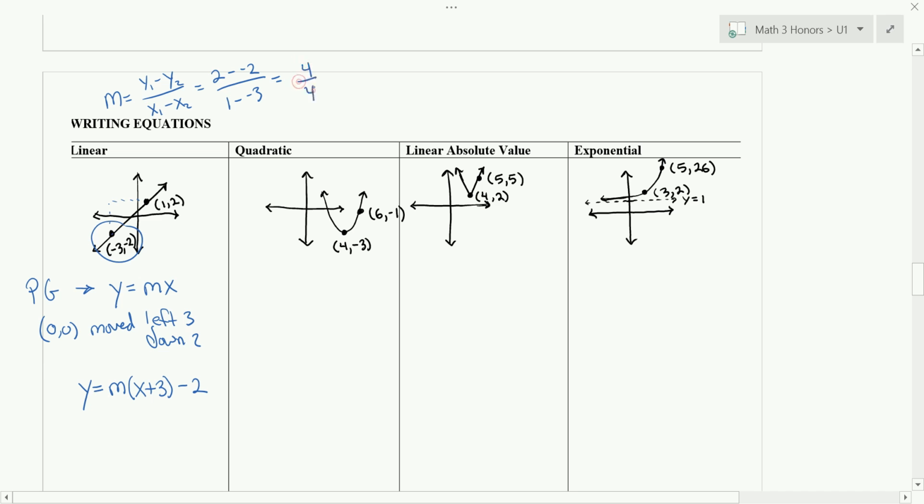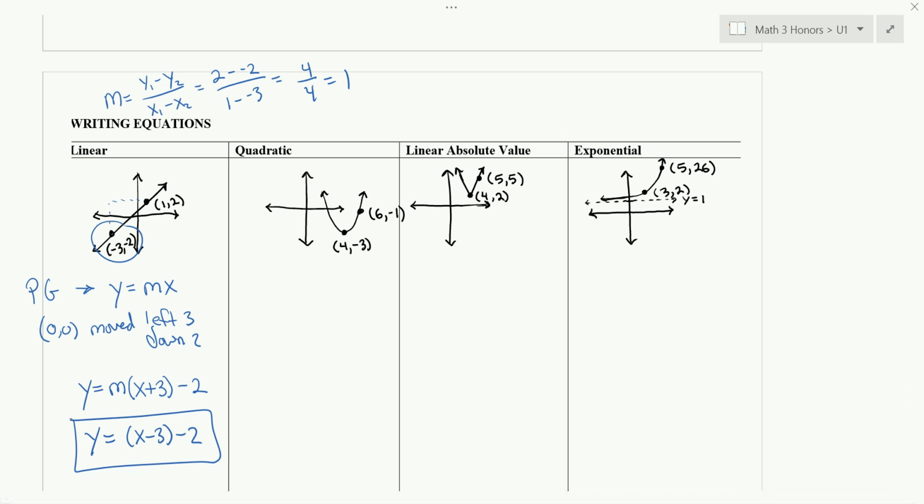So 4 over 4, the slope of 1. Okay. So y equals, and I don't even put that 1 there, I just write x minus 3 minus 2. Okay. You could simplify that and find negative 3 minus 2 is negative 5, and you can write x minus 5, and that's fine. I'm going to leave it like this because it shows that translation. But yeah, it is plus 3.